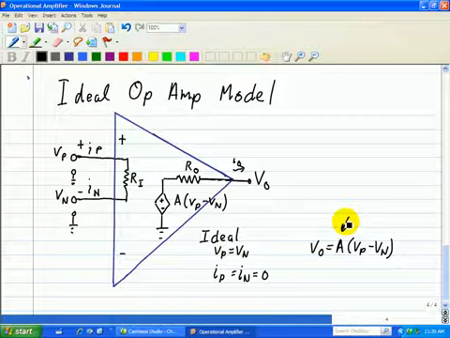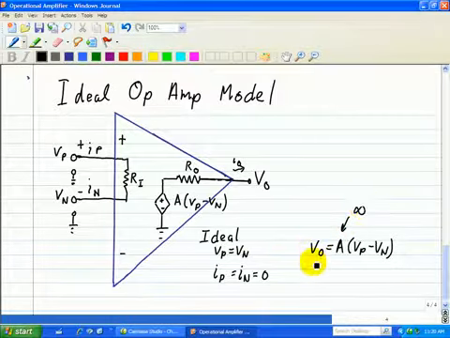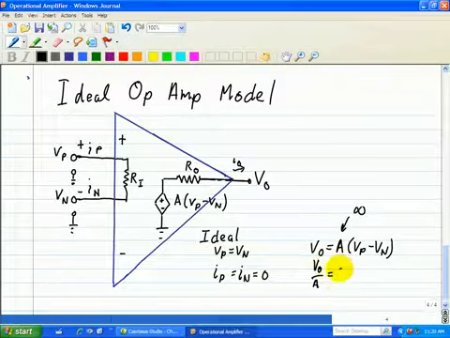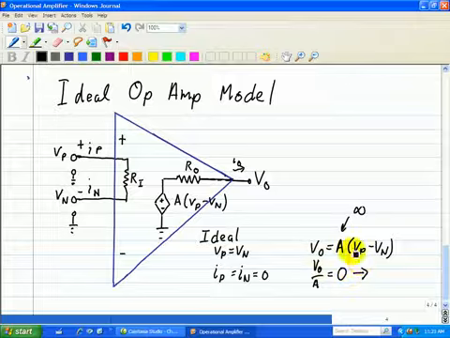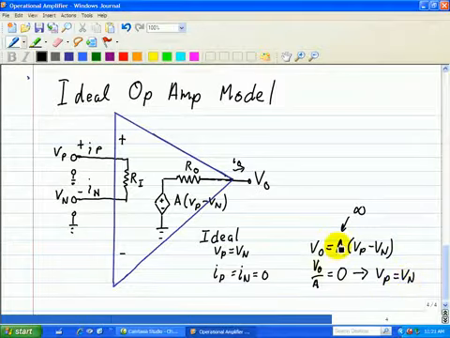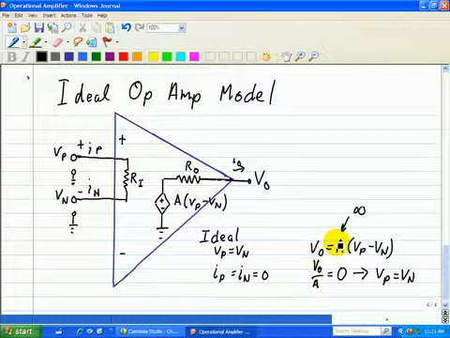But A, we can assume, is very large or infinite. When that's the case, VO divided by A is approximately equal to 0. That means that Vp equals Vn, since A has very high amplification.